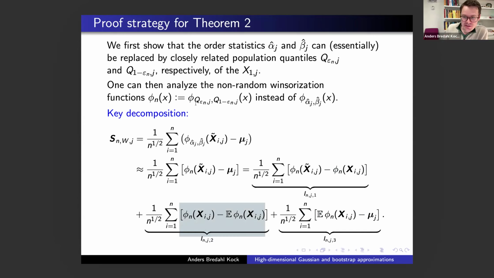But by the logic I gave you up here, since the winsorization location tends to the lower bound and upper bound of the support of the axes themselves, one can show that the variance-covariance matrix of these converges sufficiently fast to the variance-covariance matrix sigma of the raw uncontaminated data. Yeah? This is the idea in the proof.